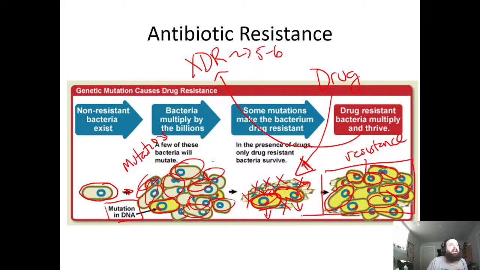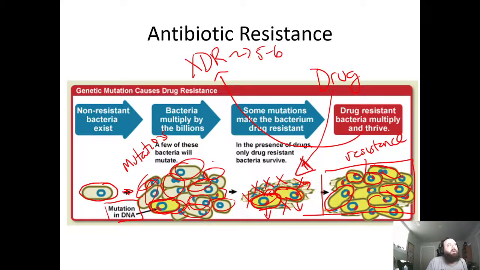These resistant bacteria populations tend to be found in hospitals because that's where we're treating patients and the bacteria with the drugs. And so this is a pretty important story, and I'd like you to make sure that you're comfortable with it. The reason the bacterial population becomes resistant is because there already exists within the bacterial population some degree of resistance.